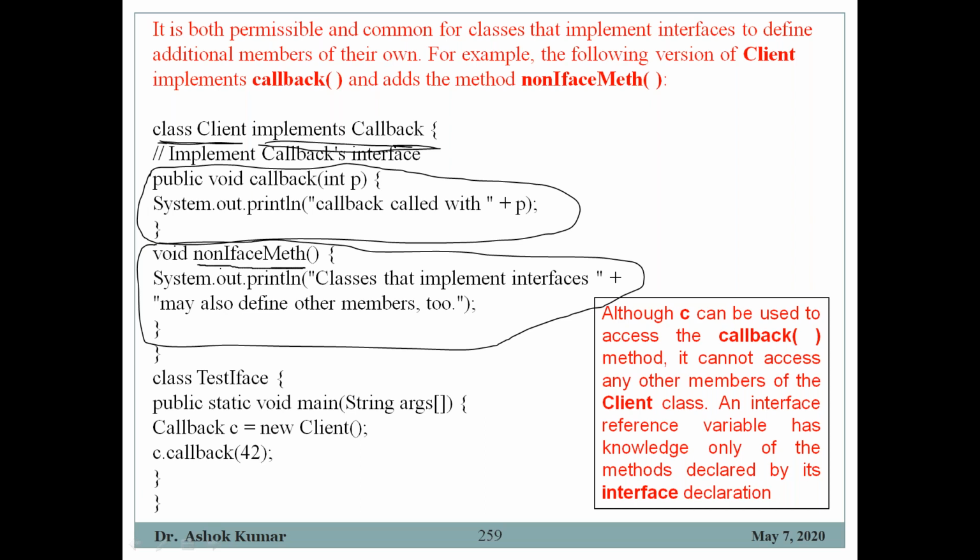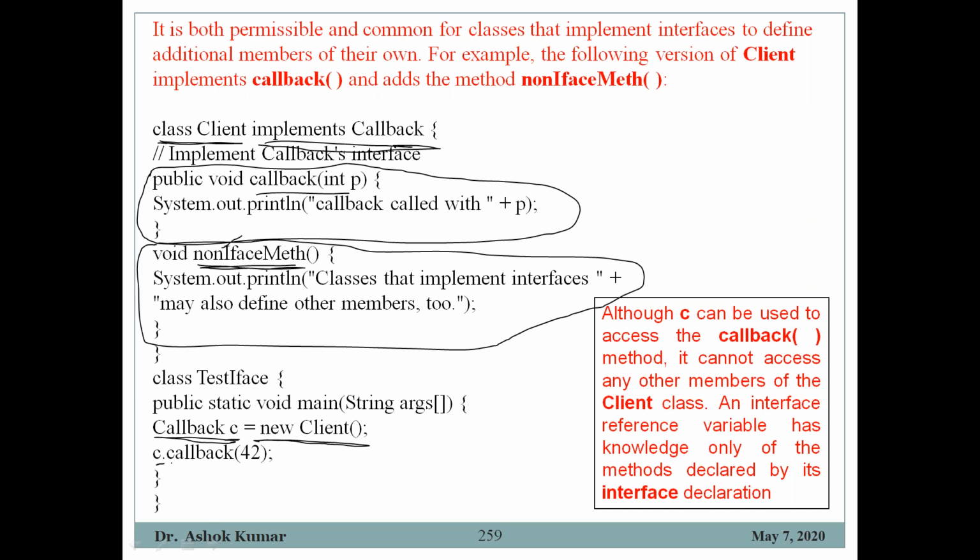And how will you call this? Again, in main, we are creating the object of the client class, and we are assigning it a reference, and the reference is of type interface callback. Now in this class we have two methods. One is callback, that is the implementation of the interface method, and the other is a non-interface method that the class has added of its own.